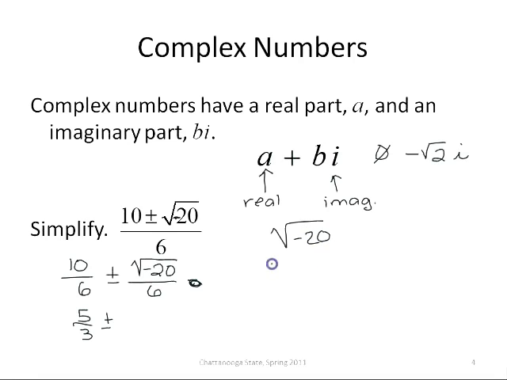Let me just take my square root of negative 20 over here and let me work on it. This is going to be a square root of 4 times the square root of 5 times the square root of the negative 1. So the square root of 4 will give me a 2. So I have 2 square roots of 5 times i.